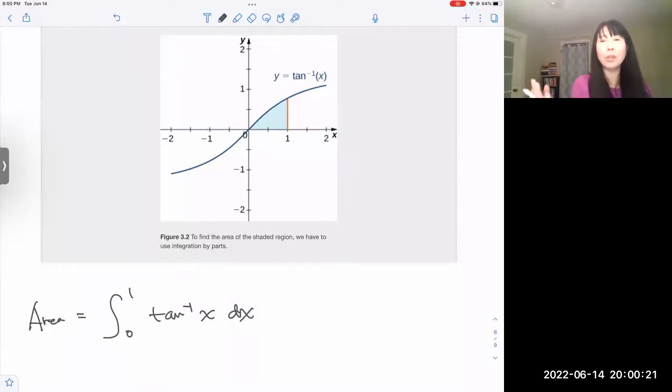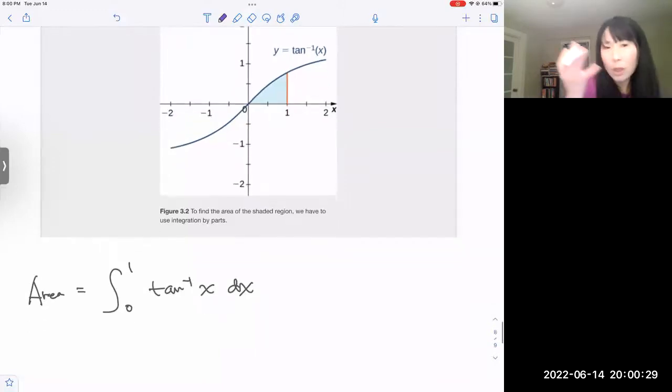Okay, so how do you want to set it up? Inverse function is the second order, right? And we had experience: if there is nothing, then invisible one. So this will be dv.